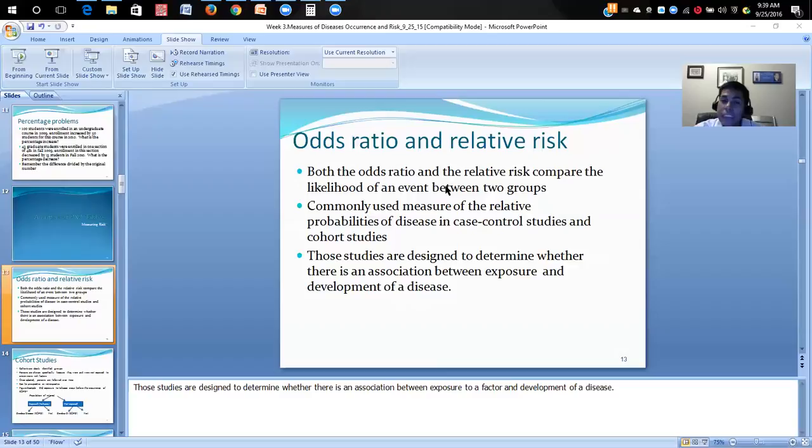You need to use odds ratio in specific situations or research designs, and you use relative risk for a very specific research design, which I will mention. They are the commonly used measures of the relative probabilities of disease in case control studies and cohort studies. So the question now is, which of the two is a good match for case control and which of the two is a good match for cohort studies?